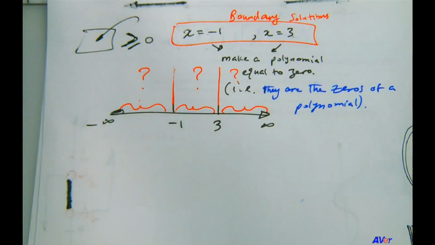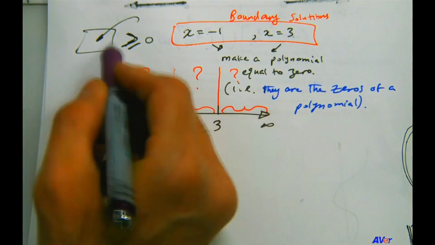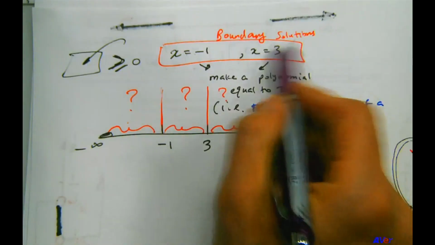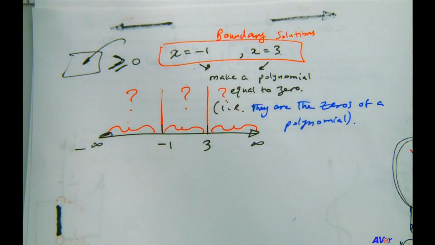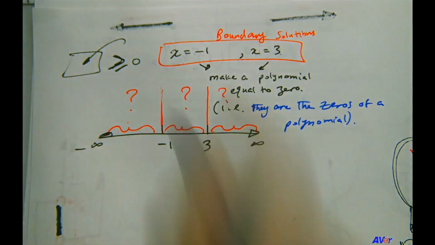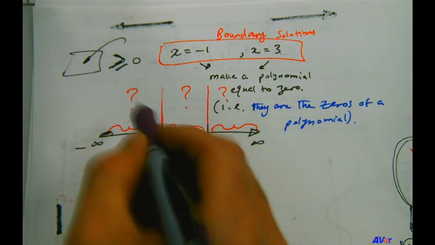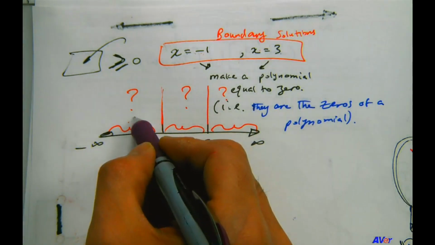Do we have even enough time in our lifetime to test all these numbers in each region to see if they're valid? No. But the nice thing about boundary solutions, and these are numbers for which the polynomial or a fraction is equal to 0, or undefined in the case of fractions, is that they give us these regions to test. So all you need now is to test one number, not infinitely many numbers in that region.